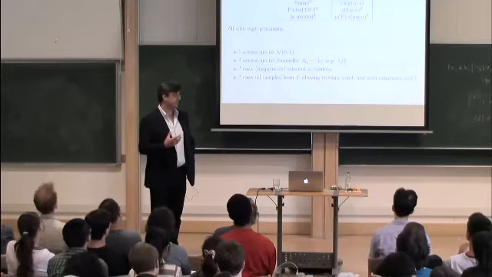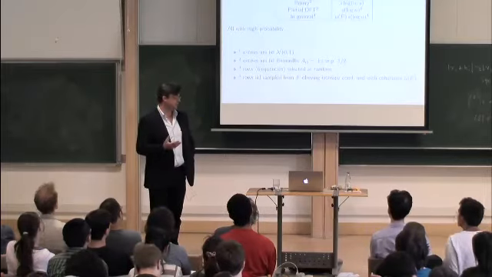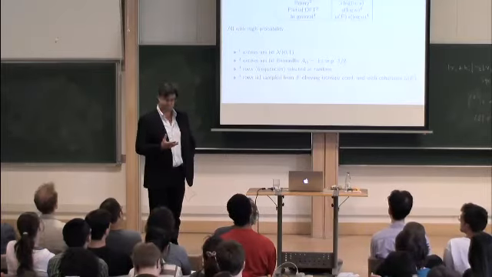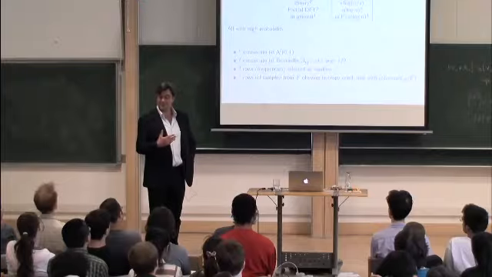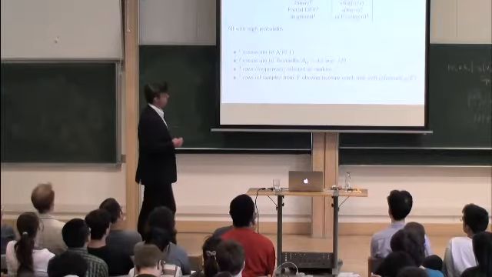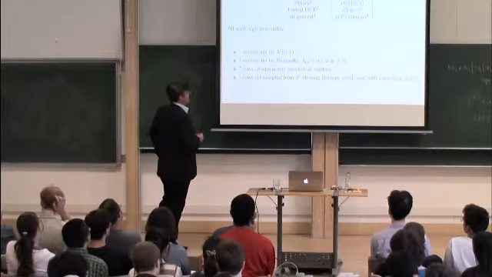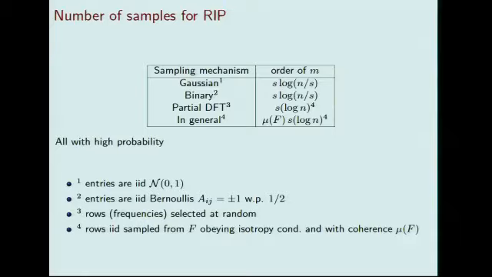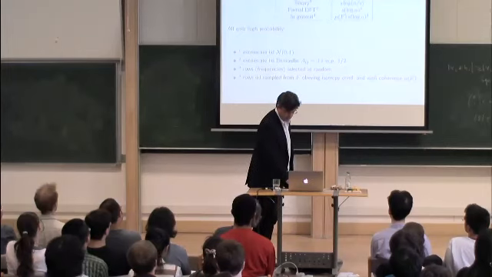What we saw this morning is that if I get to see s log n coefficients of a sparse signal, I can recover it. What this says is that if I take s log n to the 4th, I can recover all sparse signals. And it's unknown whether we can lower this exponent. People have told me that bringing this exponent to 1 is a big deal, because you would prove conjectures in other fields in doing so.